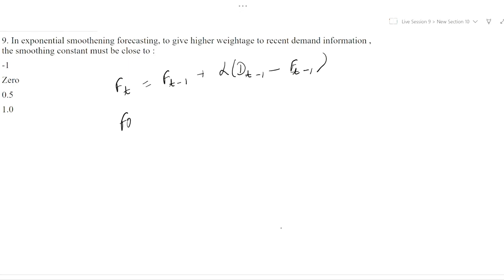So, for alpha equal to 1, we will have Ft equal to Dt minus 1. So when higher weightage is given to recent demand information, the smoothing constant will be close to 1.